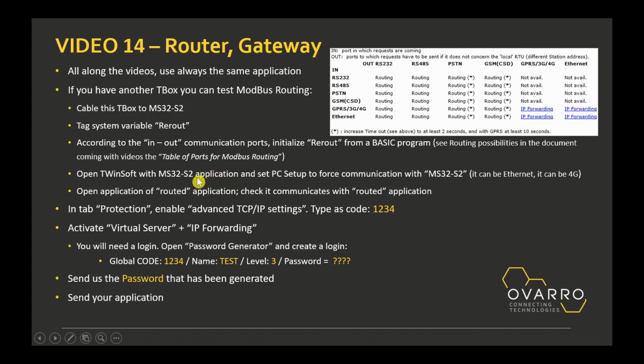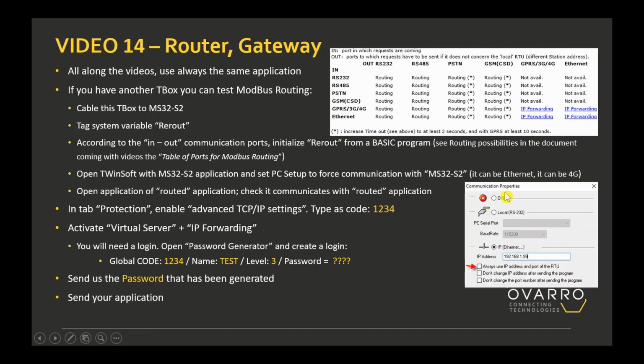Then you send this program to the MS CPU32S2, and in PC setup you force the IP address to communicate with this TBox, to make sure that when you open the routed application it will use this IP address. Then you open the routed application and you check that it communicates properly.